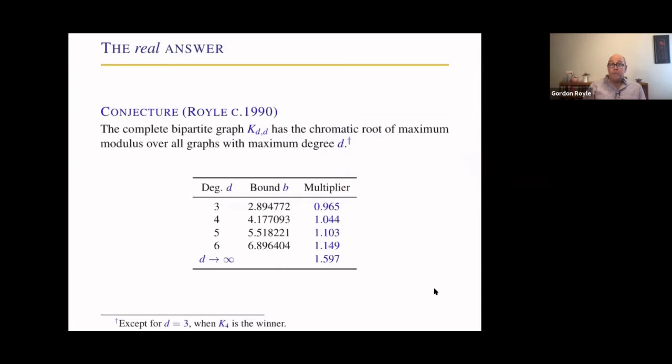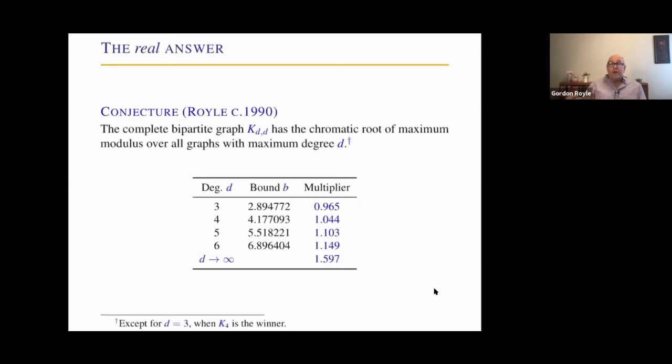Luckily, I know the truth. Unfortunately, I can't prove it. And the truth is quite surprising. The complete bipartite graph K_{D,D} I claim has a chromatic root of maximum modulus over all graphs of maximum degree D. So if we take K_{4,4}, then I'm claiming that no other graph with maximum degree 4 has any chromatic root of greater modulus than the maximum modulus of the 8 vertex graph K_{4,4}.